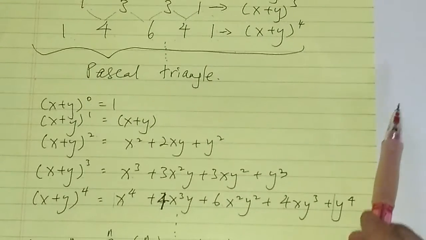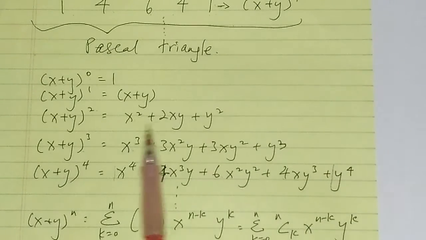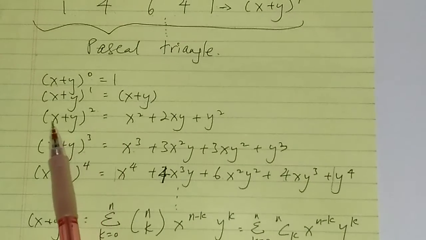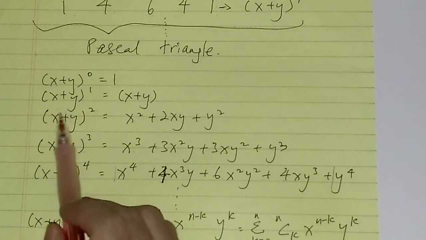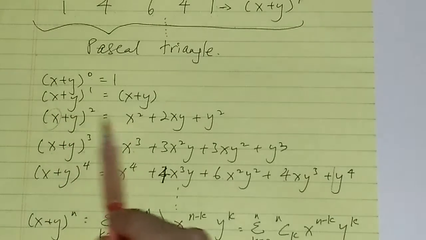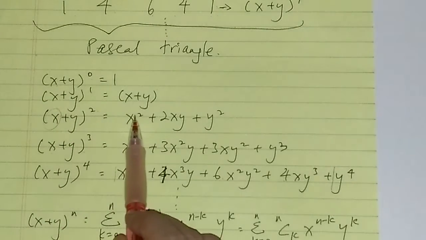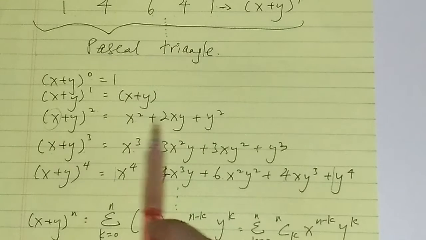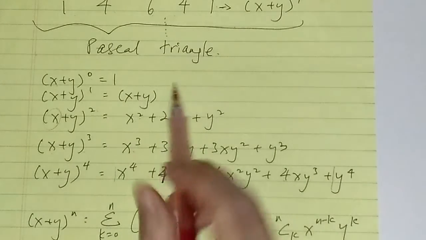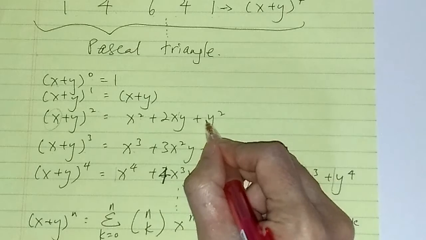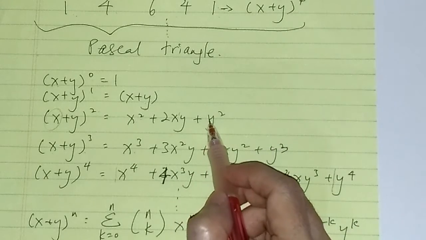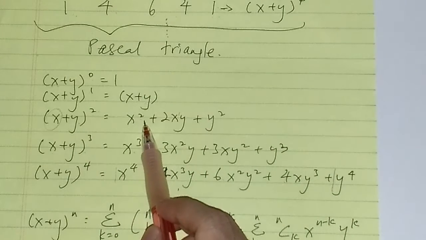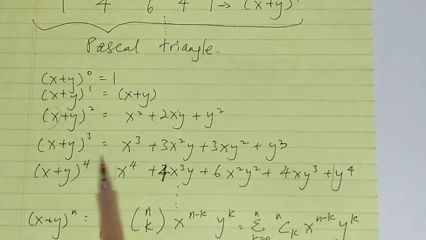And then how to assign the power? The first term will be in descending order: 2, 1, and then power 0, while y will be power 0, power 1, power 2.